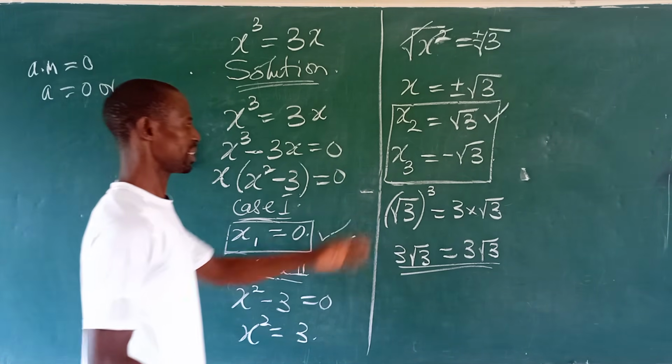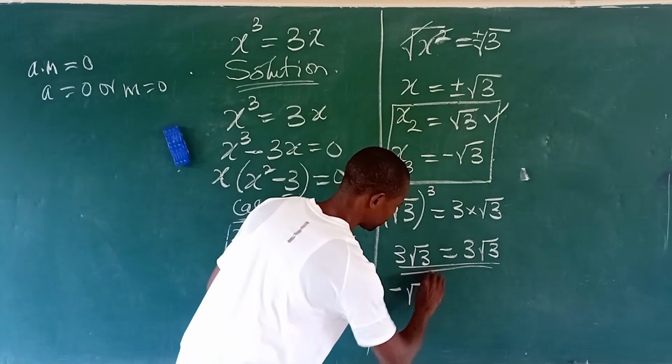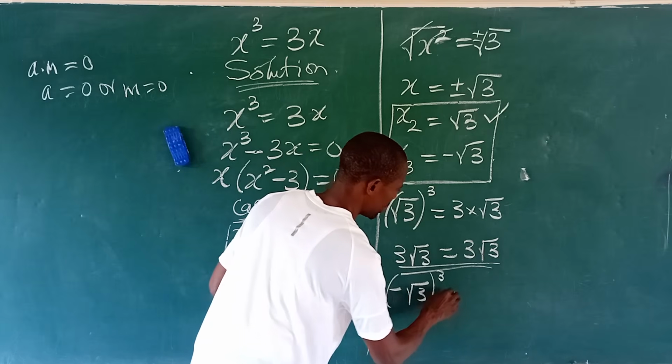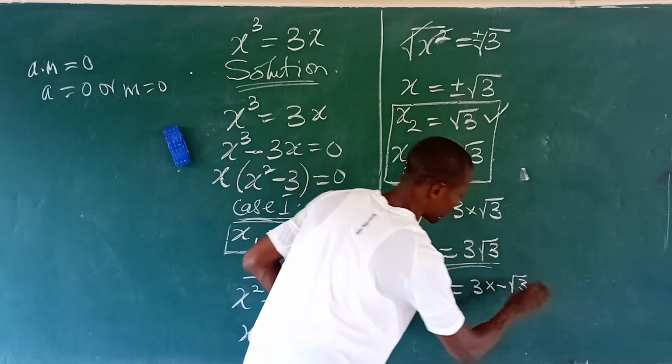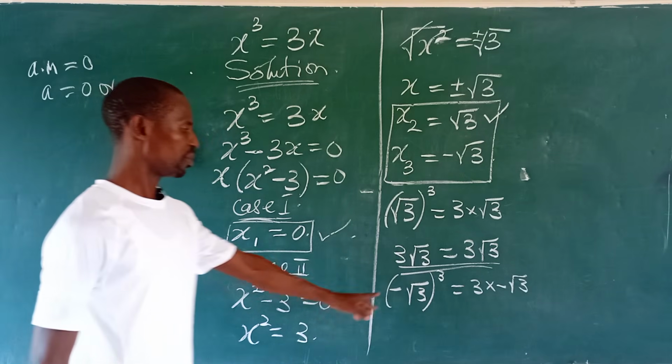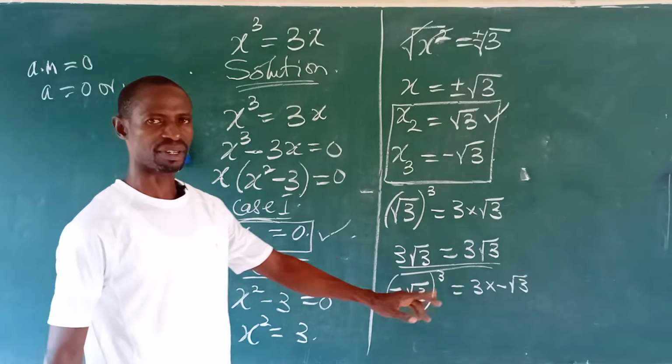Now let's take the negative. For the negative, we're going to have minus root 3 all raised to the power of 3 equals 3 times minus root 3. Now we take our minus first. Minus times minus times minus will give us minus.